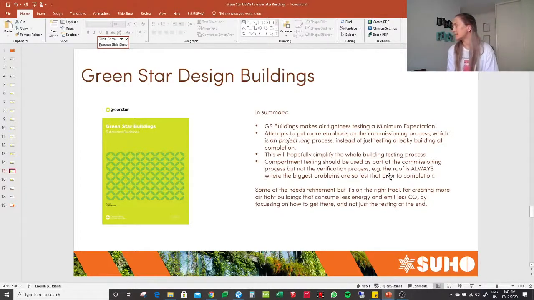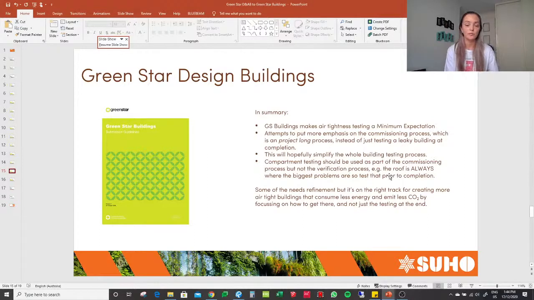So compartment testing is, like I said, still in the credit, and it is a really important part of the commissioning process. So we would recommend that you actually have, through the construction process, as part of your building commissioning, a compartment test done. Pressurize the top 2 floors, because the roof, or the top floor, is always where your largest issues are going to be.